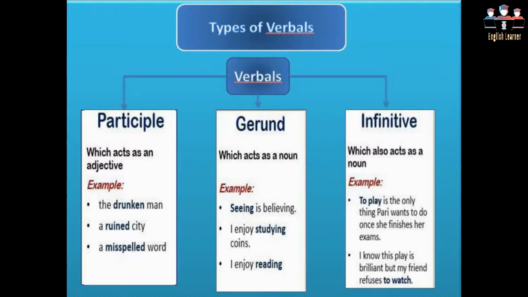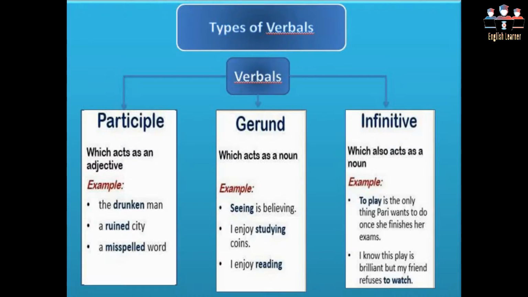In this example, studying is used in place of the object, so it is acting like a noun. Next: I enjoy reading. Here reading is used in place of the object and as a noun. These three examples, seeing, studying and reading, are acting like nouns, and these are gerunds.